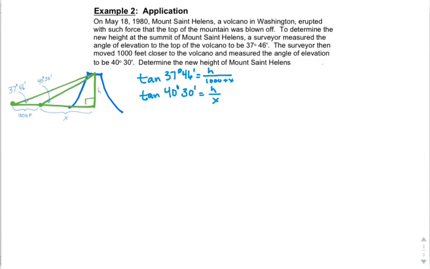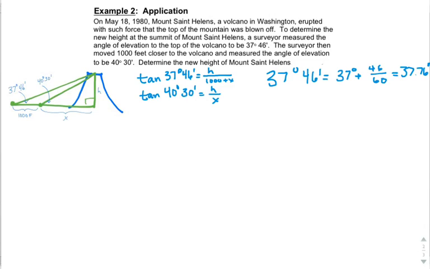Before we do that, we need to go ahead and convert 37 degrees and 46 minutes into decimal degrees. Real quick, if you remember, it'll be 37 degrees plus, since this is only minutes, 46 minutes over 60, because there are 60 minutes in 1 degree, and that will give us the number 37.76 degrees.